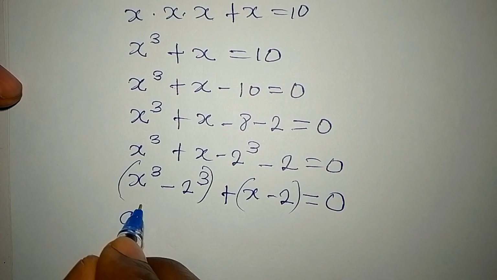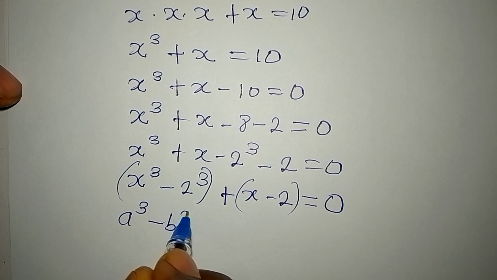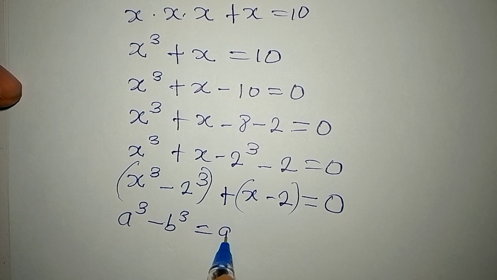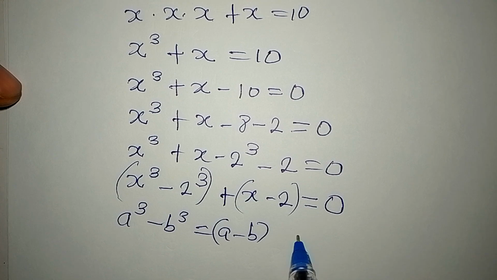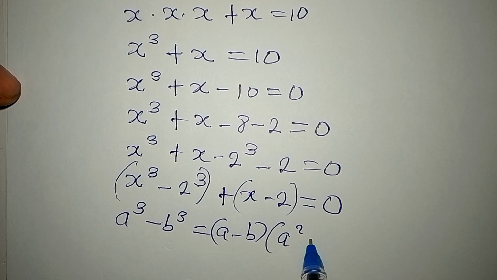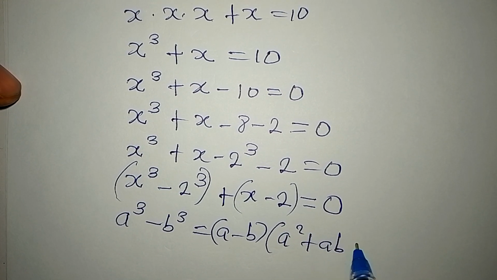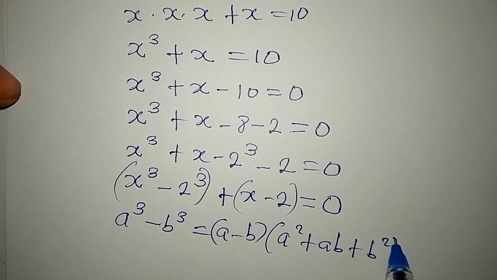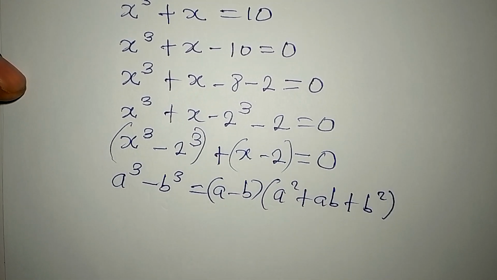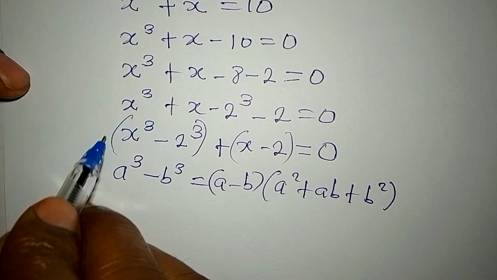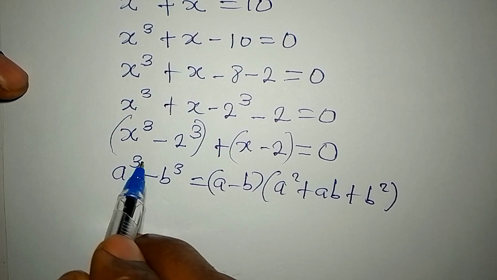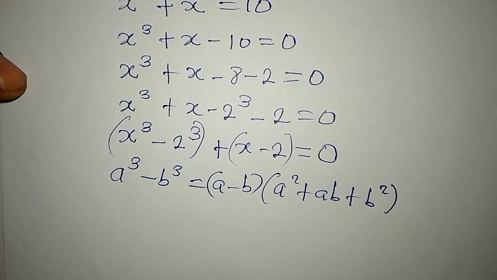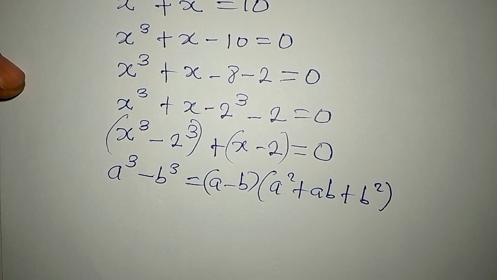Now, if you have a to the power of 3 minus b to the power of 3, this is a minus b into a squared plus ab plus b squared. Okay, so this is what you have. So in place of x to the power of 3 minus 2 to the power of 3, this is what I will be having.